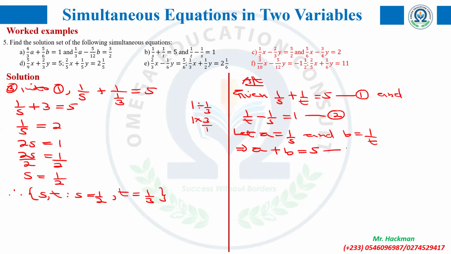Let me call this equation 1a. Then equation 2 will give us b minus a is equal to 1, so this becomes your equation 2a.